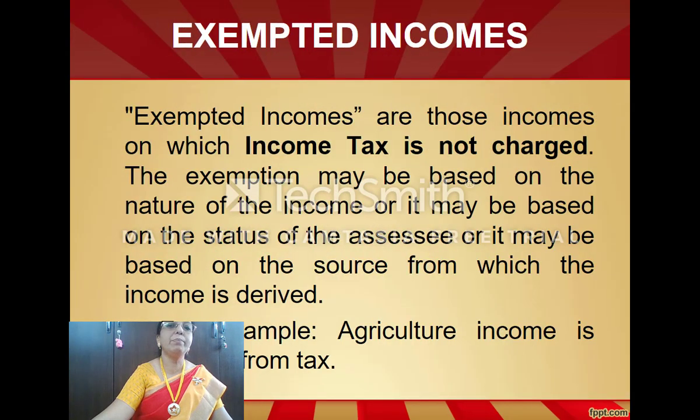Next, exempted incomes. Incomes for which income tax is not charged is called exempted income. The exemption will be based on the nature of income, or it may be based on the status of the assessee, or it may be based on the source from which the income is derived. For example, agricultural income is exempt from tax.